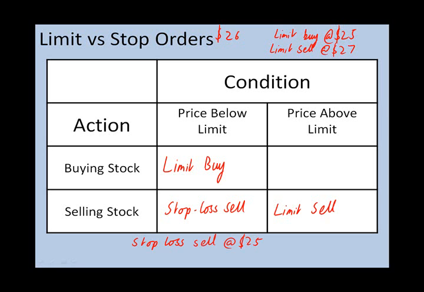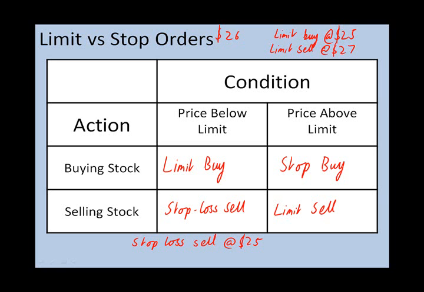Now we also have a stop buy, and the stop buy says that if the price goes above a certain limit, buy the stock. Now the name makes sense if you think about taking a short position on the stock. If we short sell the stock, we profit if the price goes down. If the price goes up, we start to make losses.